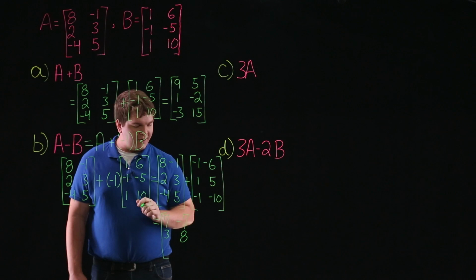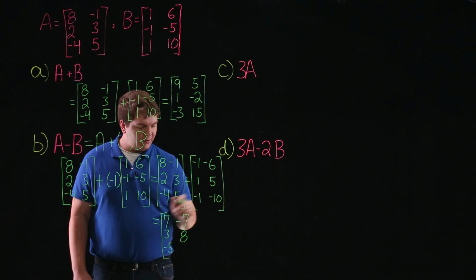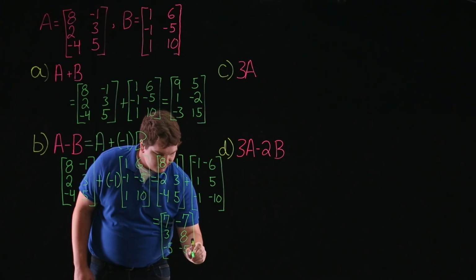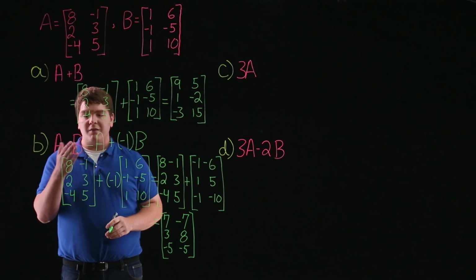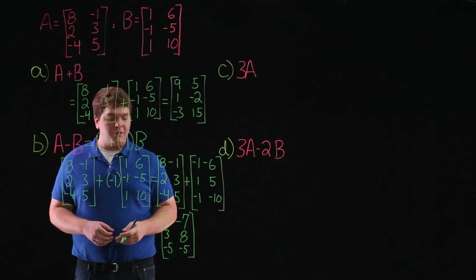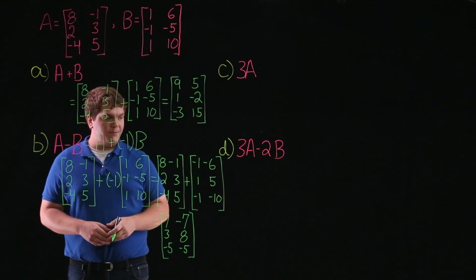Negative 4 plus negative 1 is negative 5, and 5 plus negative 10 is negative 5. So our matrix A minus B has 7, 3, negative 5 for the first column, and negative 7, 8, negative 5 down the second column.